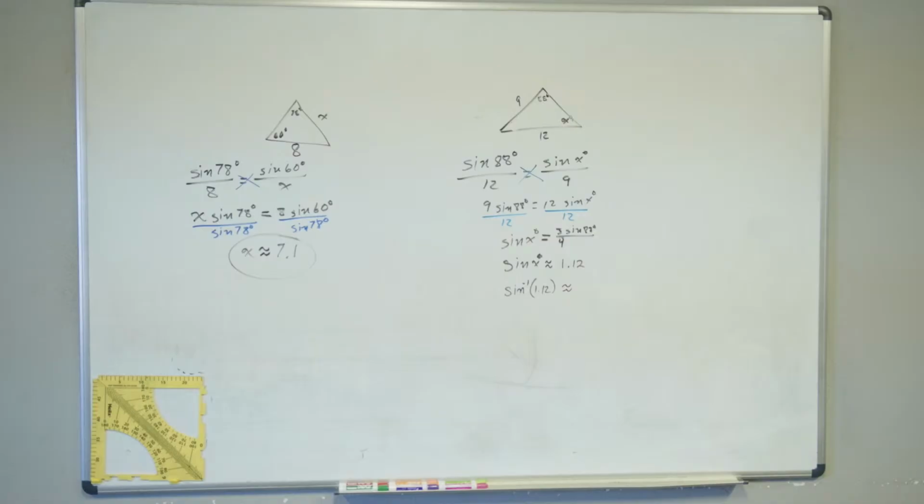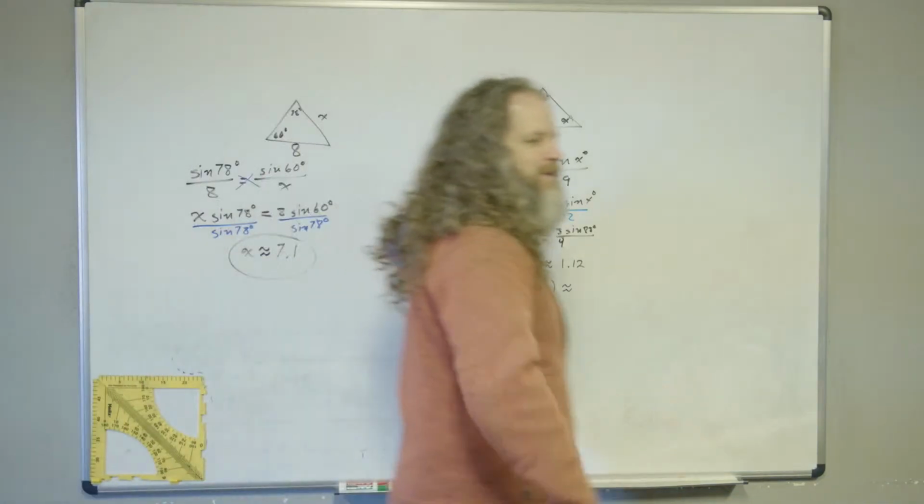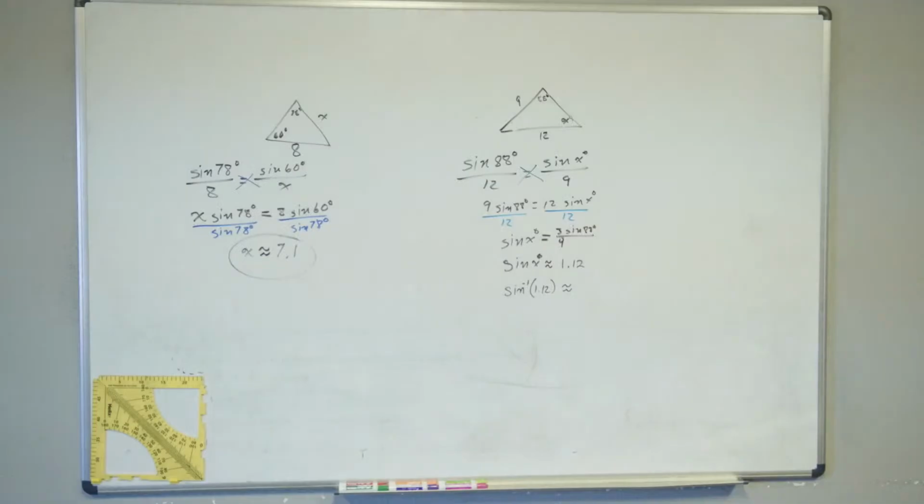Are you in degrees? Yes, you're in degrees. Because when I punch in 3 times the sine of 88 divided by 4, I get 0.7495, etc. So double check what you put in, see if you get the same thing, see if there's something about the way we're plugging in stuff that is inaccurate.